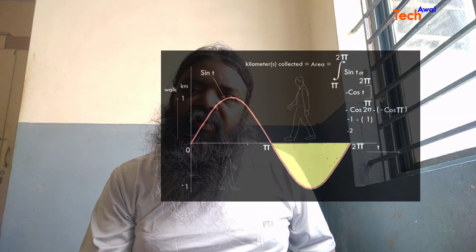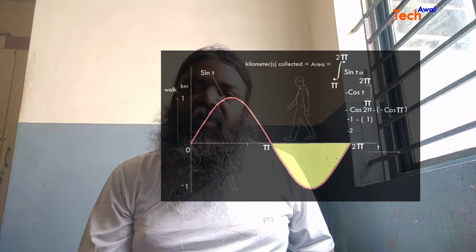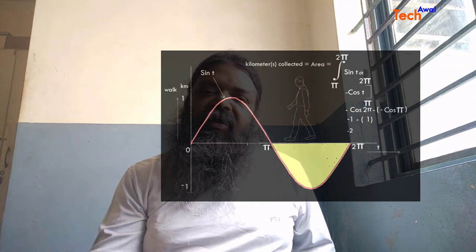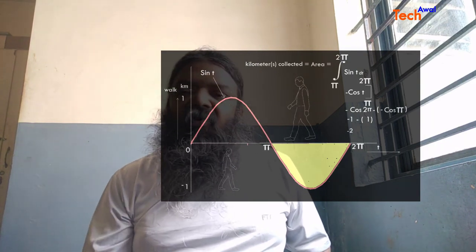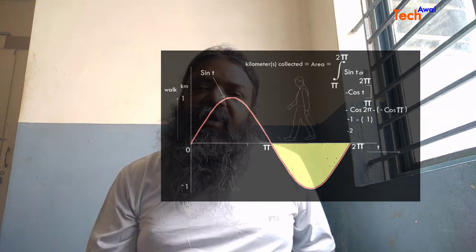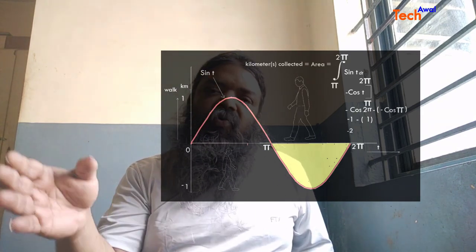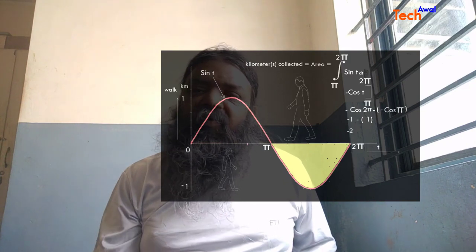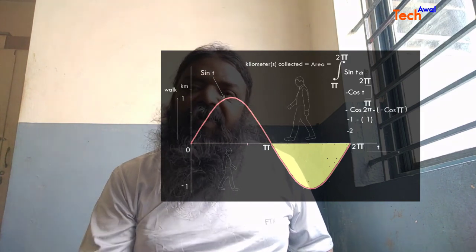What is the total kilometers he walked? So from 0 he started with sine t. If I calculate the area going from 0 up to 1 and then 1 back to 0, that area becomes minus cos t.